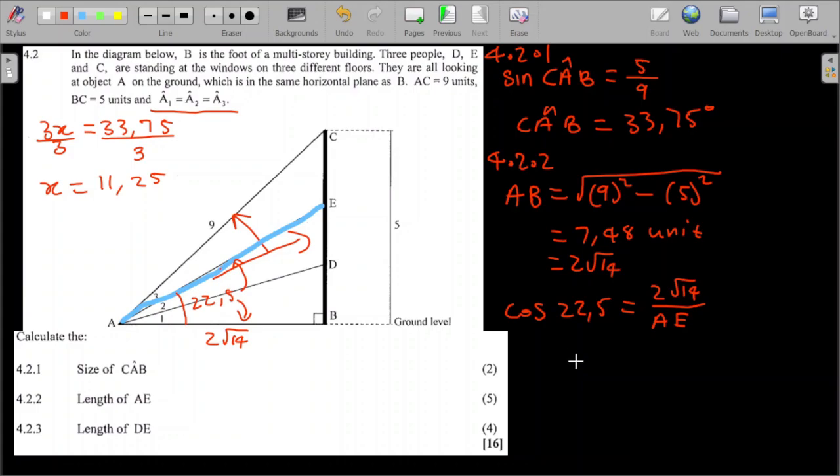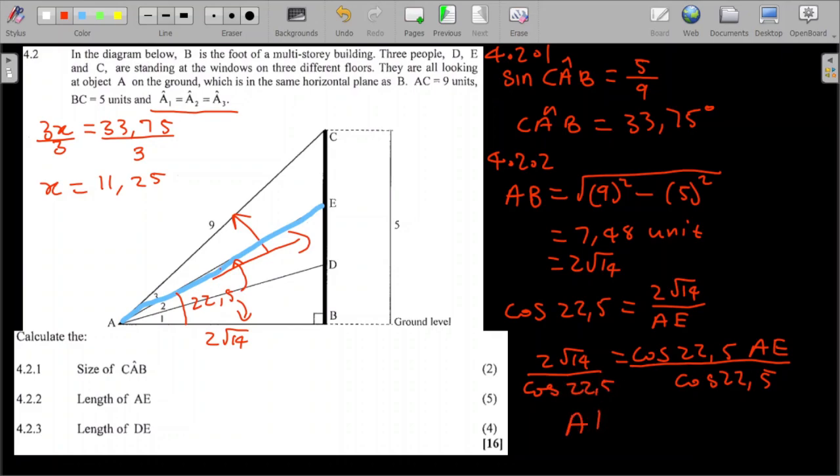The cross multiply here is going to be 2 square root of 14 is equal to cos of 22.5 AE, and then I divide by cos of 22.5, and then by AE.